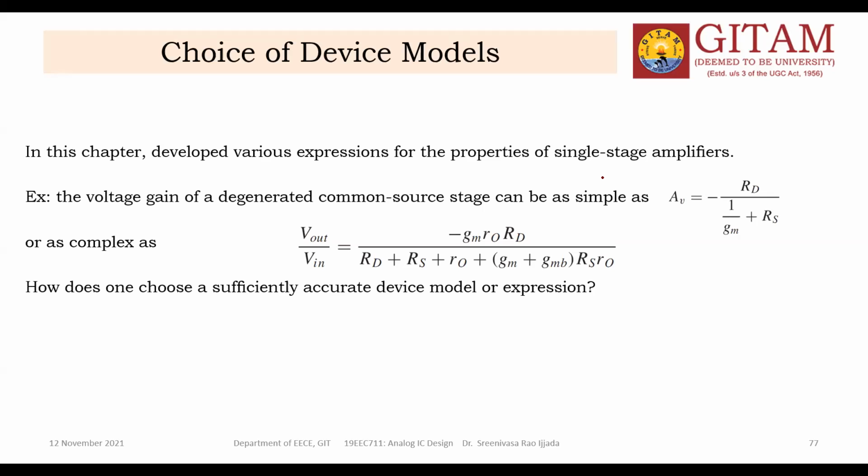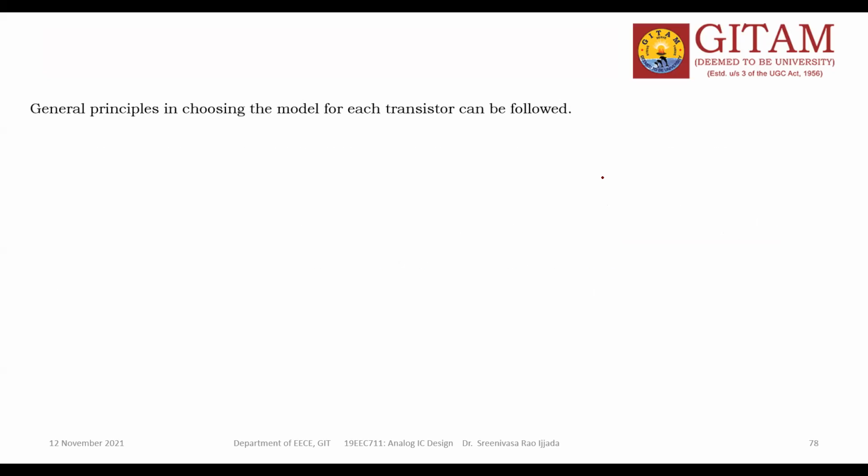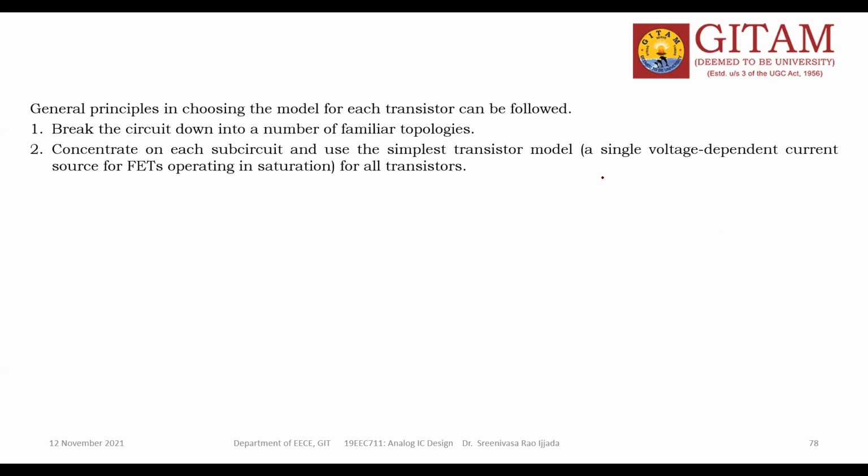So how does one choose a sufficiently accurate device model or expression? Which one should be considered? For that, there are some small instructions. First, break the circuit into a number of familiar topologies, since it may be a big one.